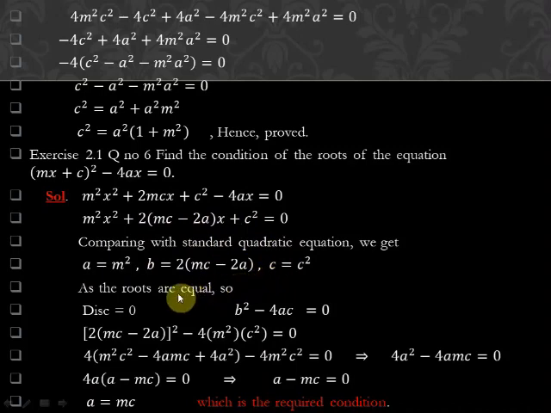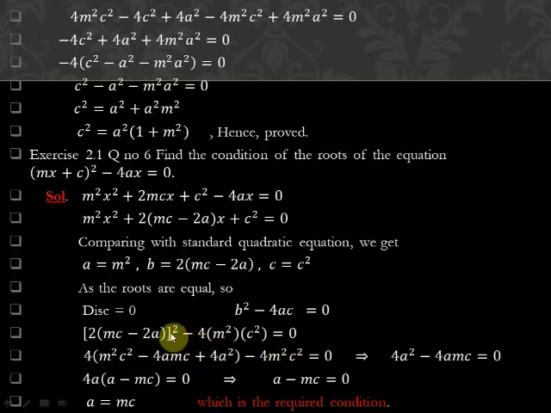According to the condition of the question, as the roots are equal, we put the discriminant equal to 0, meaning b² − 4ac = 0. We substitute the values of a, b and c in the discriminant. We will get (2(mc − 2a))² − 4 · m² · c² = 0.